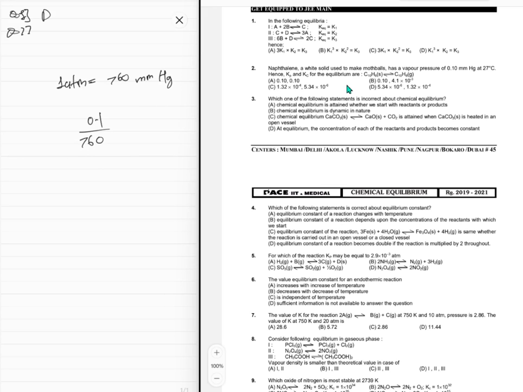For the equilibrium R, they didn't say in what units you want this, so we will just say that's the units we want, right? But they have put 0.1 in 2 of these options, and that suggests that Kp is 0.1 and Kc, no, I don't know what Kc is.